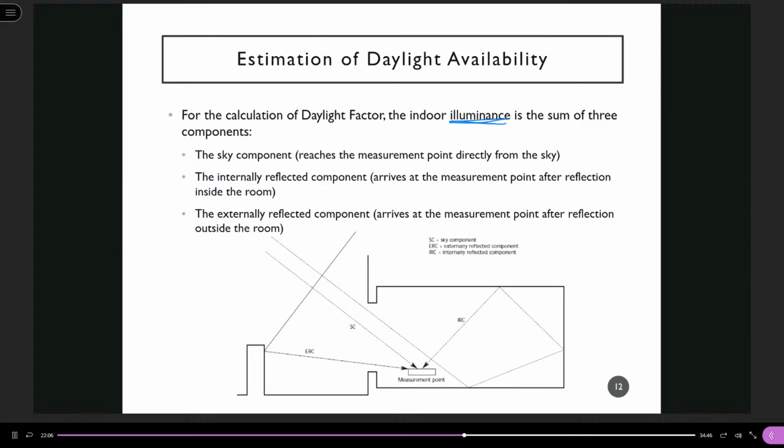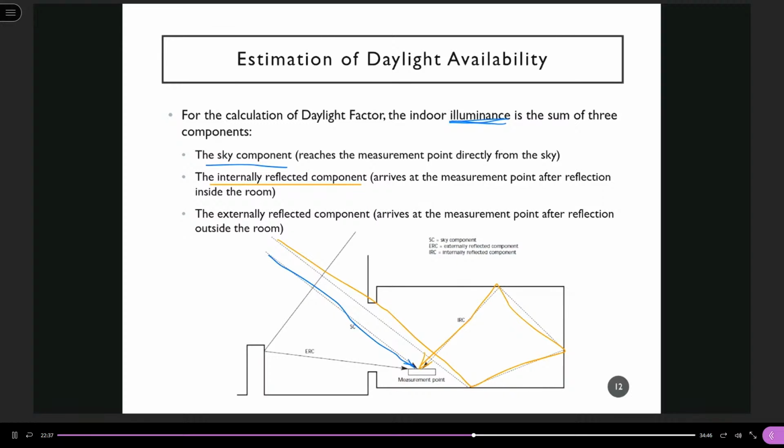For the interior lighting level, it is composed of 3 components. The sky component, which is the direct skylight entering the interior. And we also have the internally reflected component. So the light entering the room, reflected, and reflected again to the calculation point.